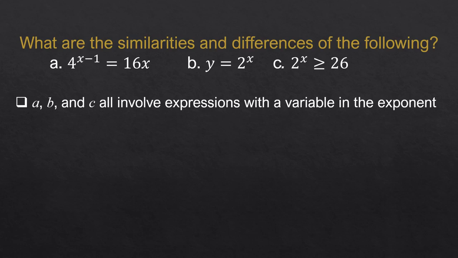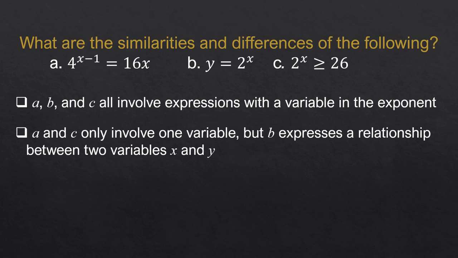On the right side, yes, we have a variable x for the base, but then we also have a variable x on the left side as our exponent. In letter B, the variable x on the right side is our exponent. Well, on letter C, on the left side, 2 to the x is an exponent.